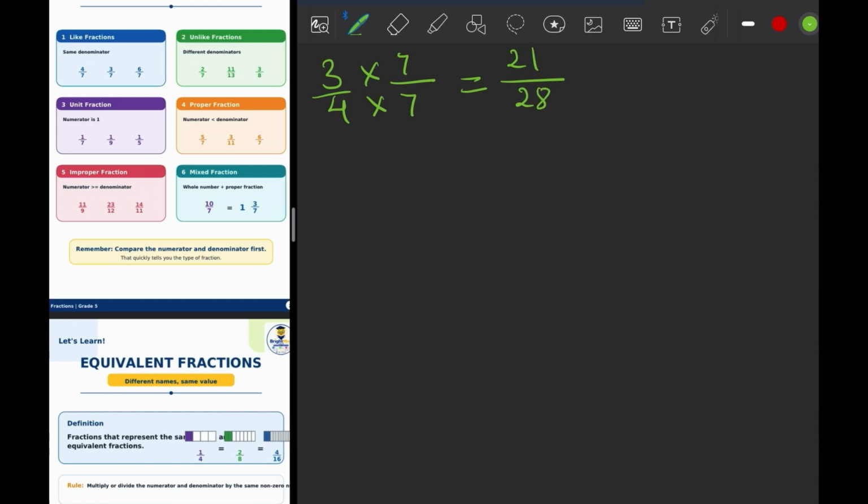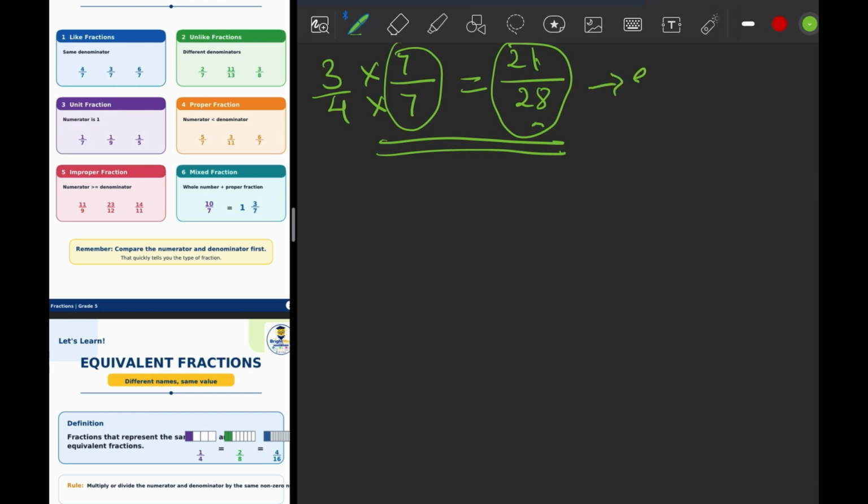We can say vice versa, 7 times 3 or 3 times 7, 7 times 4 or 4 times 7. So we get 21/28, and 3/4 and 21/28 are equivalent fractions.